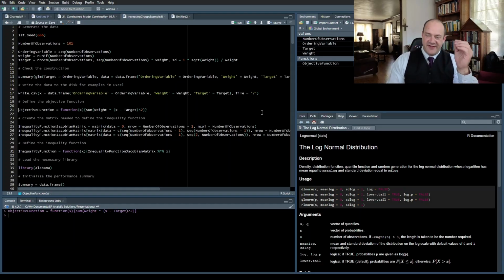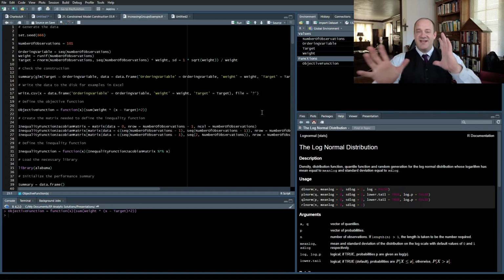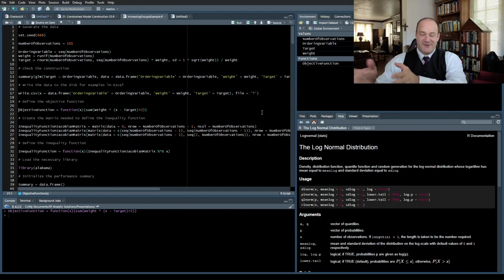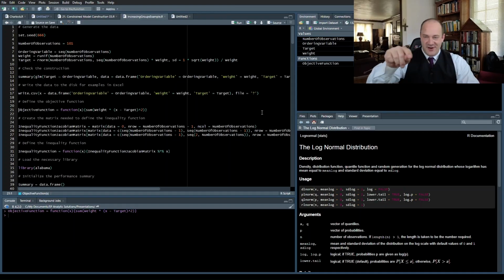But here's the thing: the way the auglag function thinks about inequalities is it says, look, whatever conditions you want to have hold, this thing less or equal to that thing, what I want you to do is take your condition and move everything to the right-hand side so that all of your inequality conditions are of the following form: 0 is less than or equal to some function. 0 is less than or equal to some function.